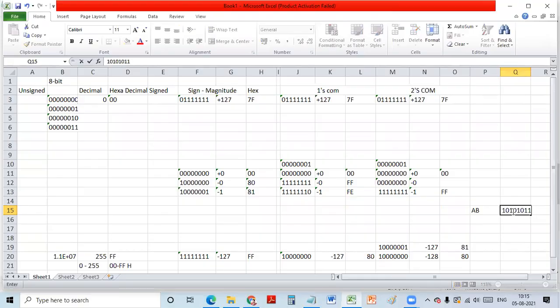B is 1011. The most significant bit is 1. So it is a negative number. Numbers from 80 to FF are negatives. AB is in this range. Numbers from 00 to 7F are positives. Okay, right? Likewise, we calculate; negative numbers are represented in computers in this way.